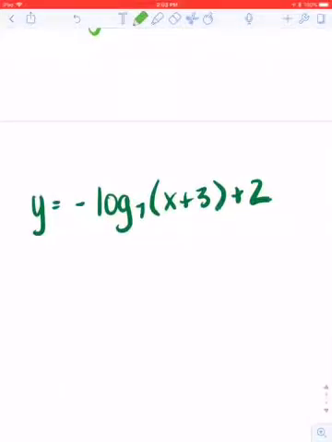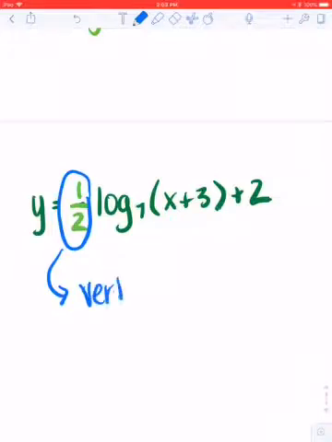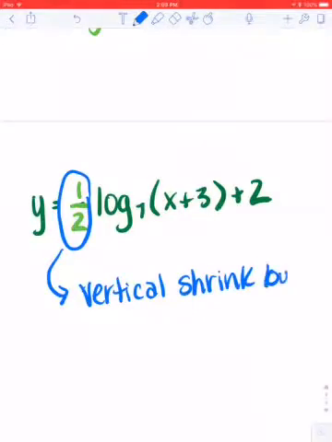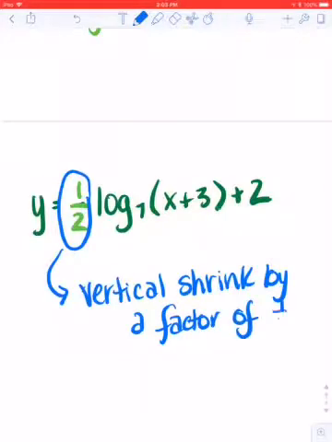And actually, I'm going to change this a bit. I'm going to make it 1/2 out here, just so you can see one of these. Okay, so if I start with this, that is between 0 and 1. So that means it's going to be a vertical shrink by a factor of 1/2.